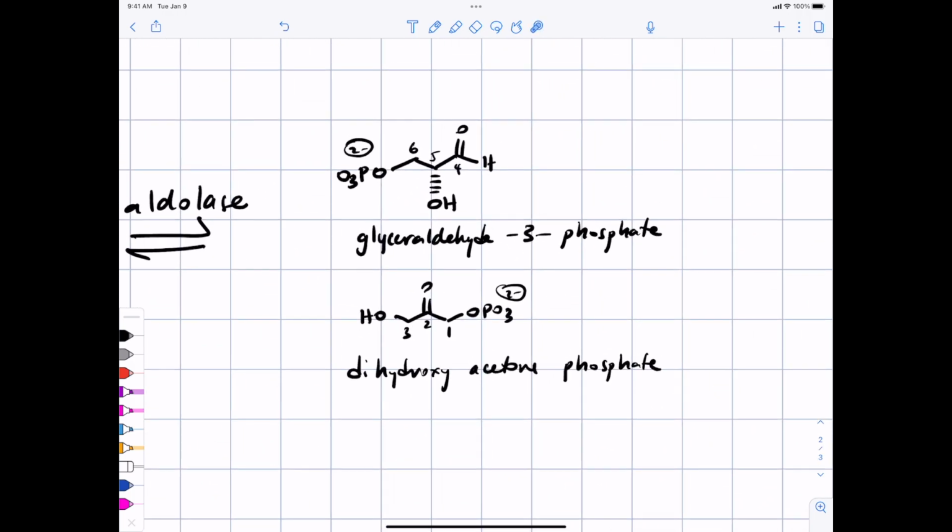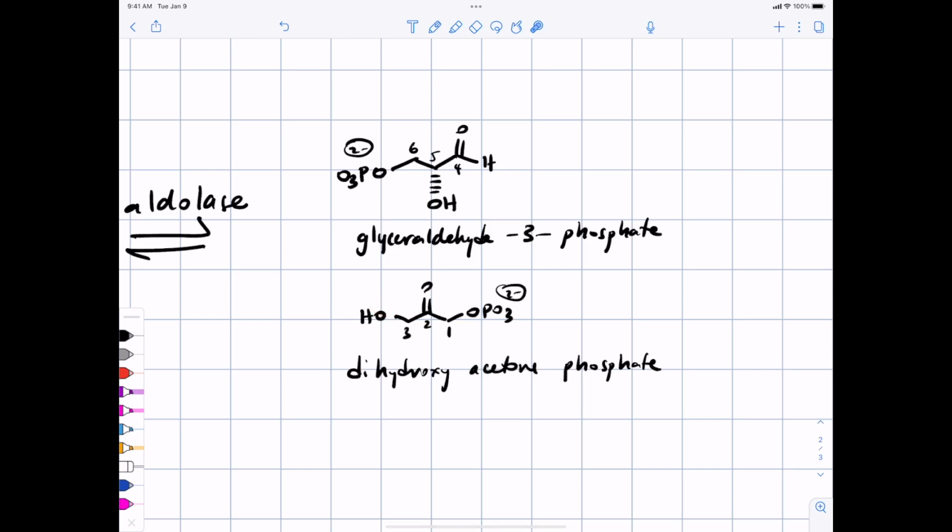Notice what the relationship is between glyceraldehyde 3-phosphate and dihydroxyacetone phosphate. One's an aldehyde, one's a ketone, but glyceraldehyde 3-phosphate is to dihydroxyacetone phosphate what glucose is to fructose. They're isomers that differ, right? In glucose, we had an aldehyde on carbon 1 and an OH on carbon 2, whereas in fructose, we had a ketone on carbon 2 and an OH on carbon 1.